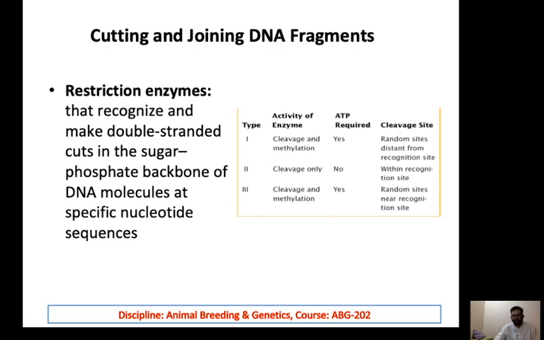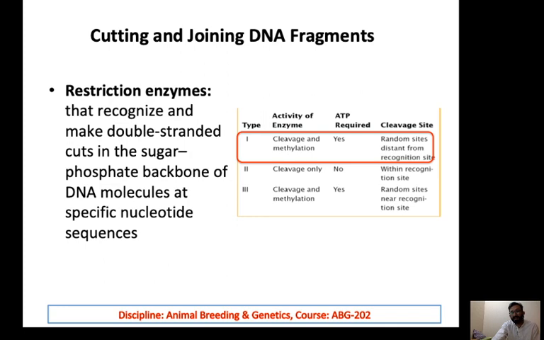Now you see on the right side of this slide, in this red box, there are three different types of enzymes, and the enzyme activity is given over there. Type 1 enzymes have cleavage and methylation, and they require ATP.